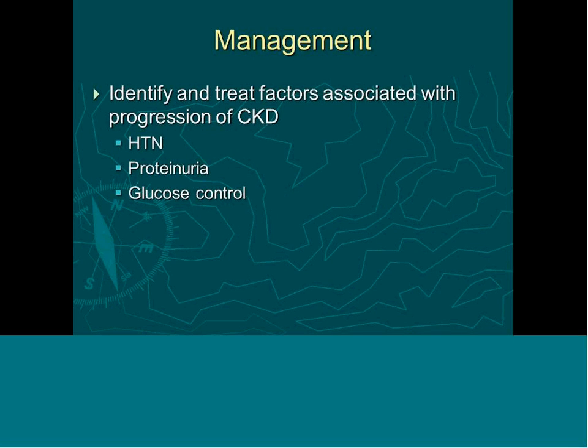After you have ruled out reversible causes and figured out that this patient doesn't have any other condition which can be treated, such as multiple myeloma, hypercalcemia, or nephrotic syndrome, you move on to the management of chronic kidney disease.